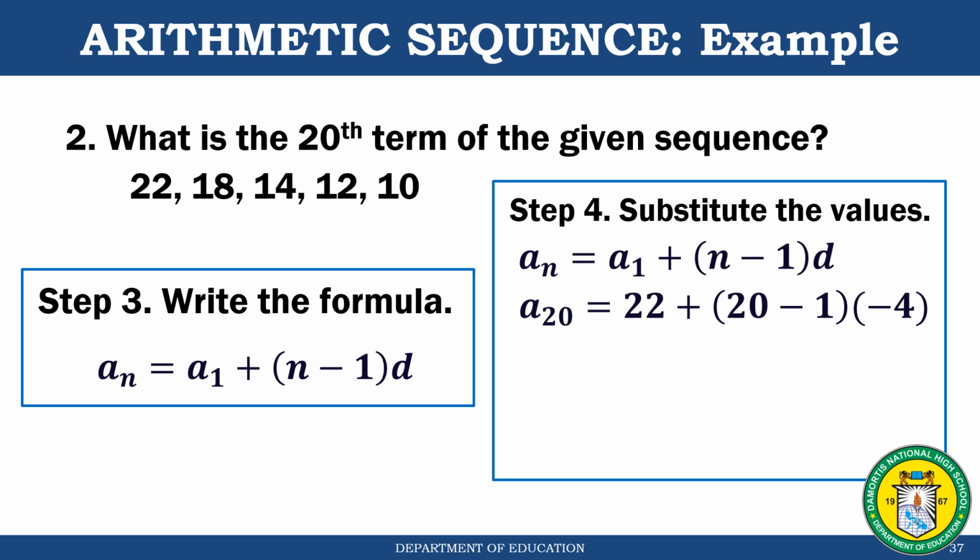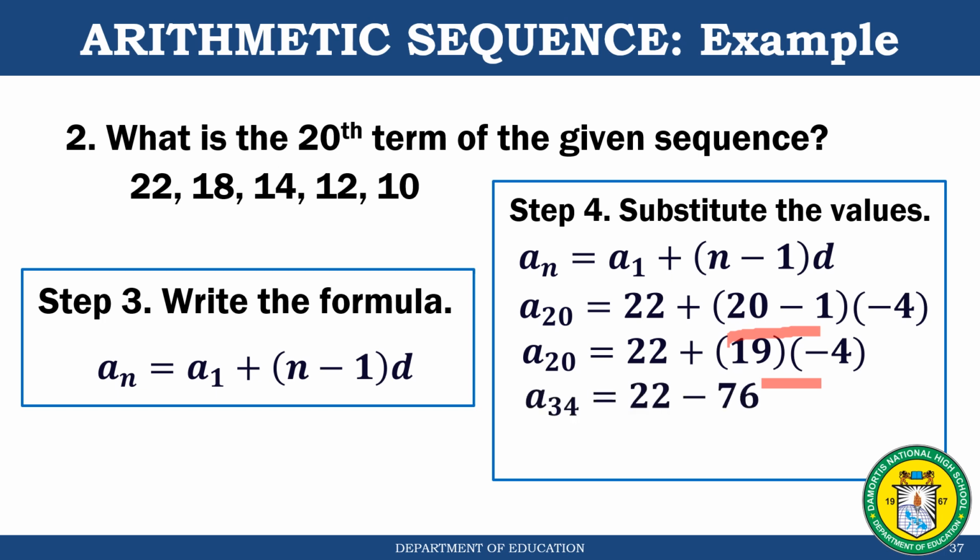Correct. Then what are we going to do first? Yes, we are going to subtract 20 and 1. So 20 minus 1 will give us positive 19. Then what comes next? Yes, we're going to multiply 19 and negative 4. The answer is negative 76. Then finally, we're going to subtract 22 minus 76.